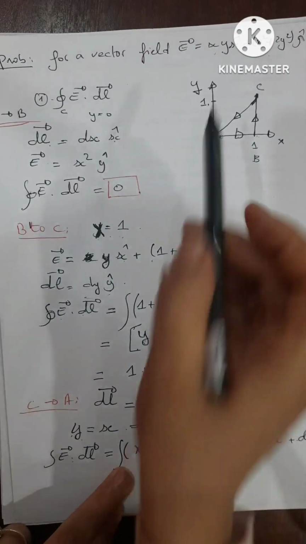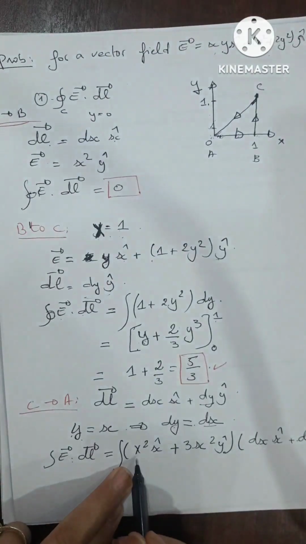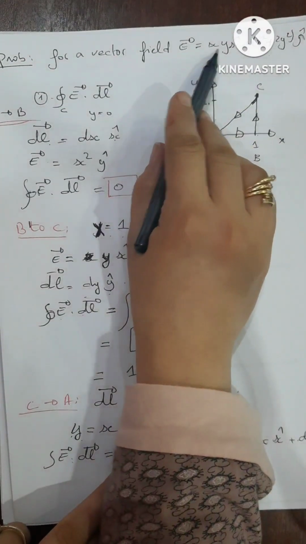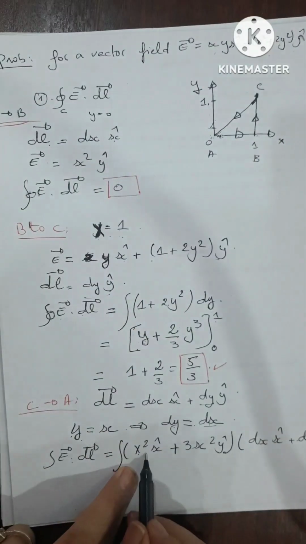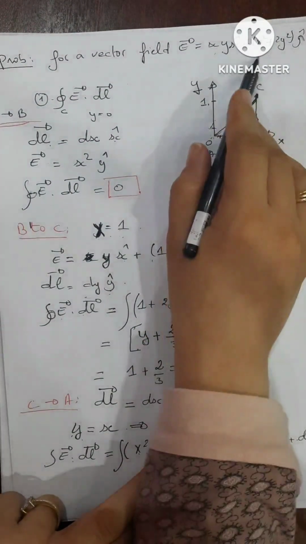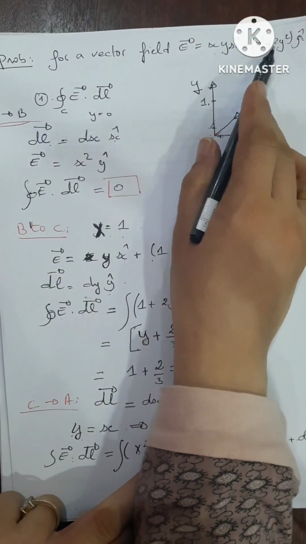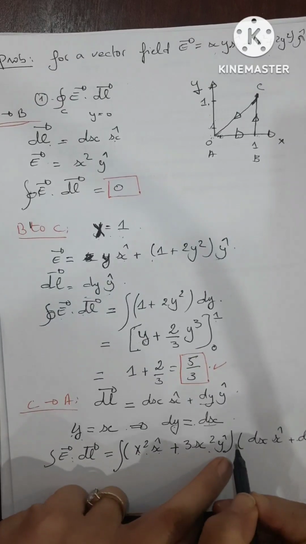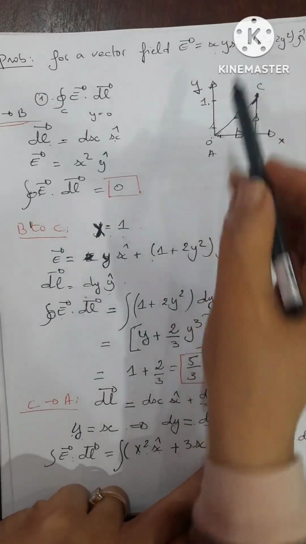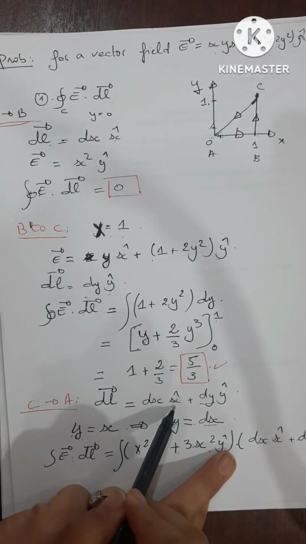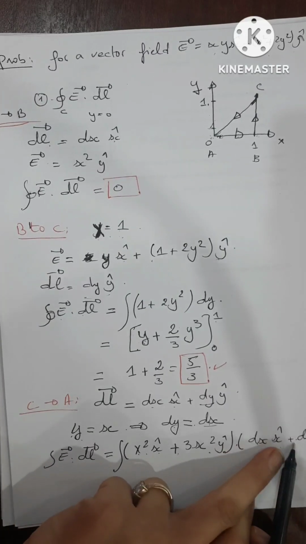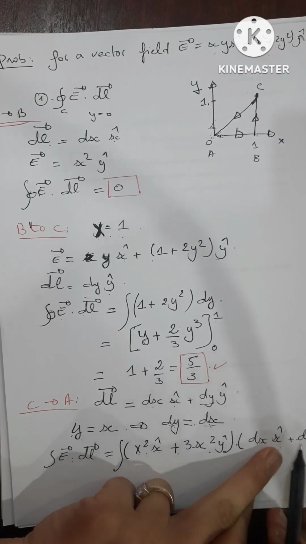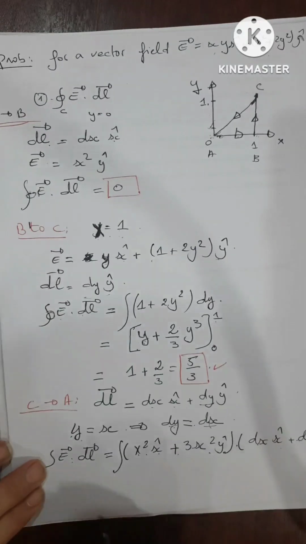Then inside our function E we put x instead of y, so x·x, so x squared in the direction of x, plus x squared plus 2x squared, so it's 3x squared in the direction of y. Then dl is dx in the direction of x, plus, since dy equals dx, dx in the direction of y.